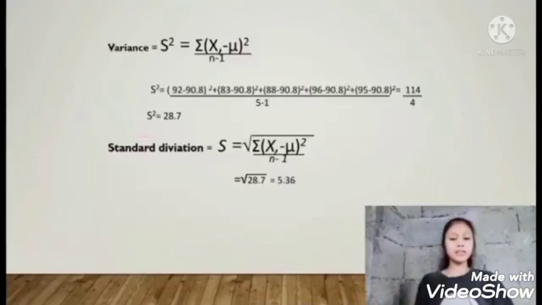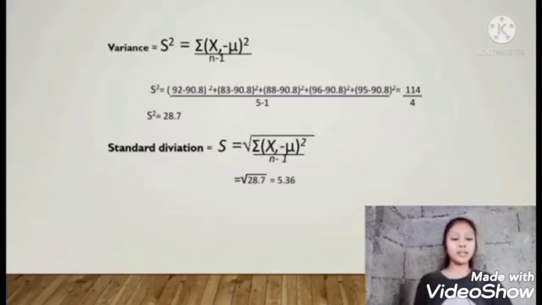Now, let's calculate the variance. This is the formula: (92 minus 90.8) squared plus (83 minus 90.8) squared plus (88 minus 90.8) squared plus (96 minus 90.8) squared plus (95 minus 90.8) squared.